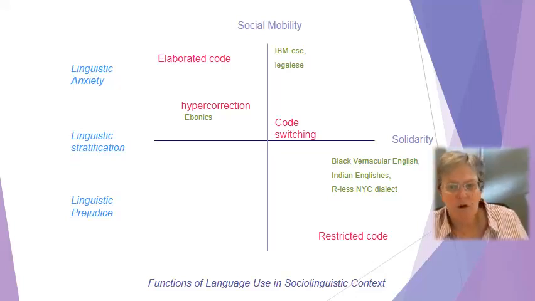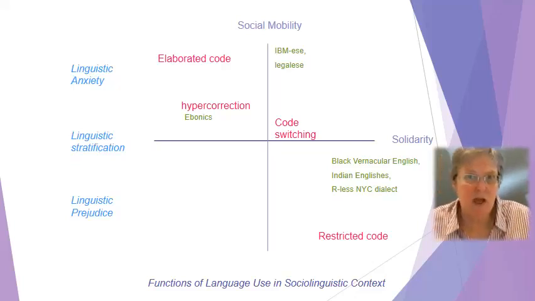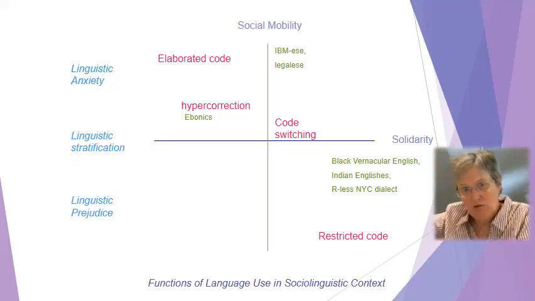This elaborated code and restricted code, I haven't talked about too much in this lecture, but it's like this. A guy in England did a study. His name was Bernstein, B-E-R-N-S-T-E-I-N. Bernstein found that working class kids in England, if they were describing a picture, would describe it, for example, one of his pictures had boys running away in the foreground.